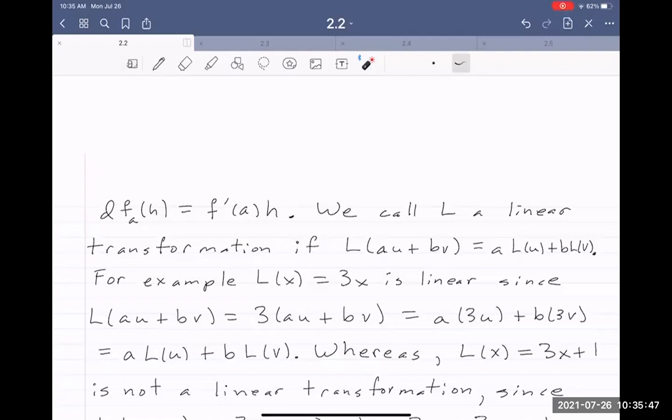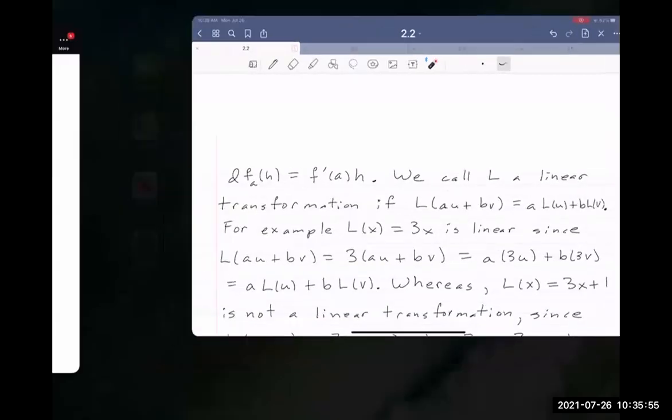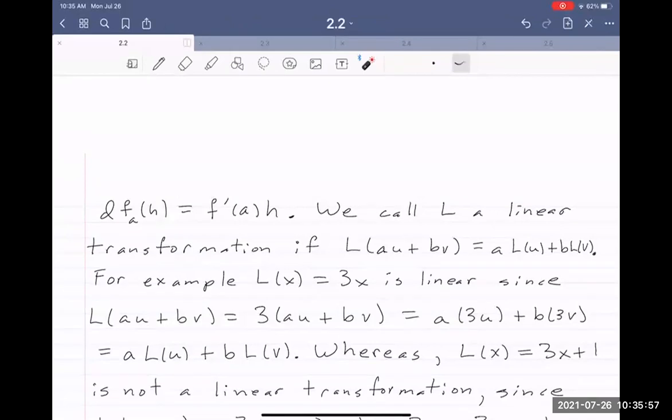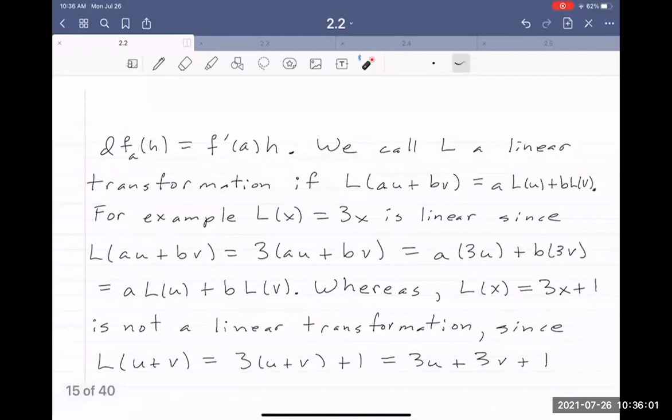So, unfortunately, in previous classes, pre-calculus, etc., especially in high school, they gave bad terminology. They would say y equals 3x plus 1 is a linear function. And actually, it's not a linear function.